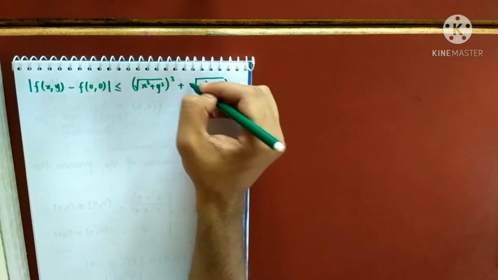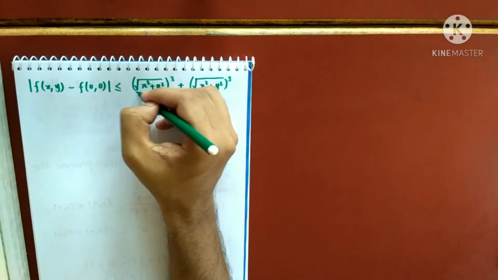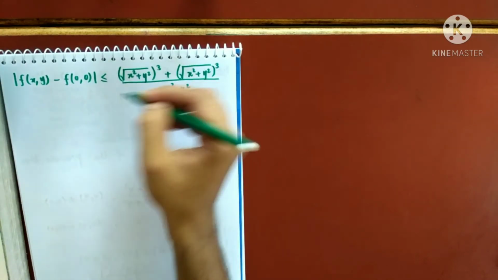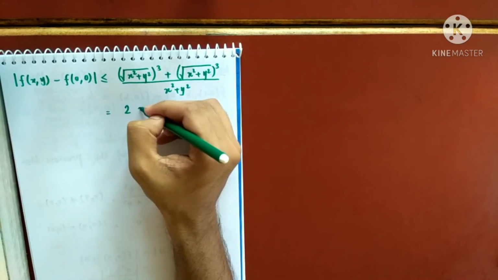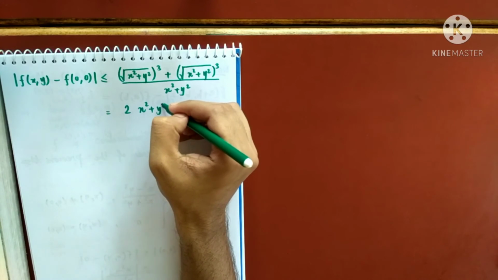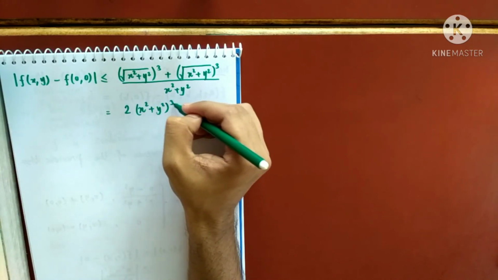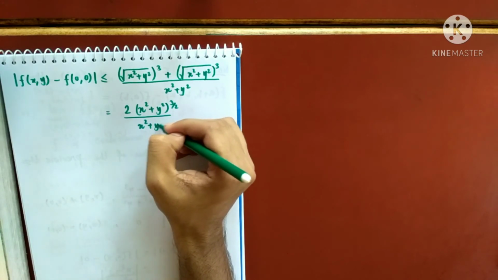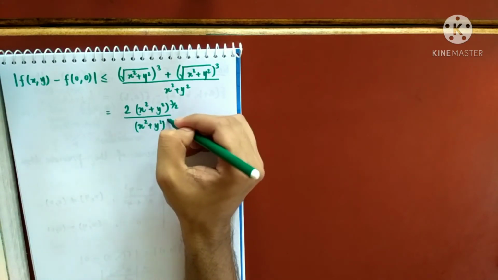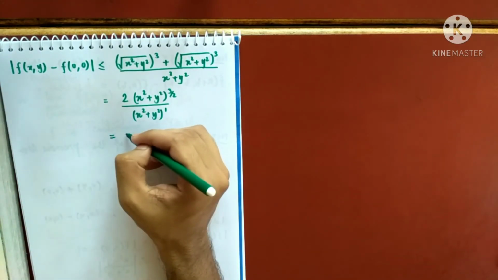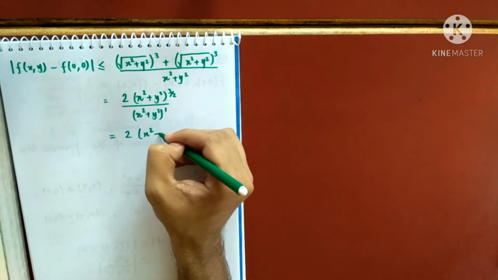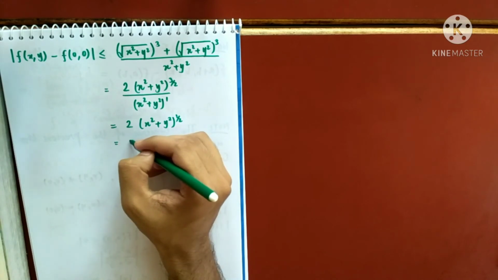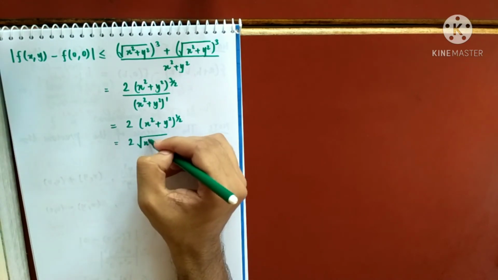This thing has already been taught, so I'm not repeating anything in detail. If you take this common, this is 2 times (x^2 + y^2)^(3/2) divided by (x^2 + y^2). The power gets subtracted, so (x^2 + y^2) to the power half, which is the same as the square root of x^2 + y^2.